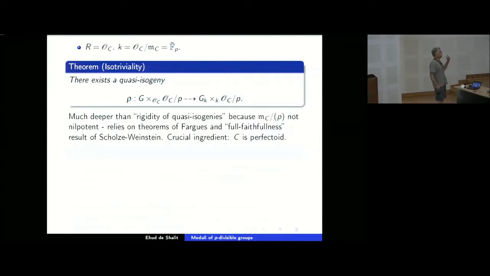It's perfectoid, okay? And this perfectoidness allows you to prove a similar representability result, but it relies on a very deep theorem of Fargues, Scholze, and Weinstein, which is called the isotriviality theorem.